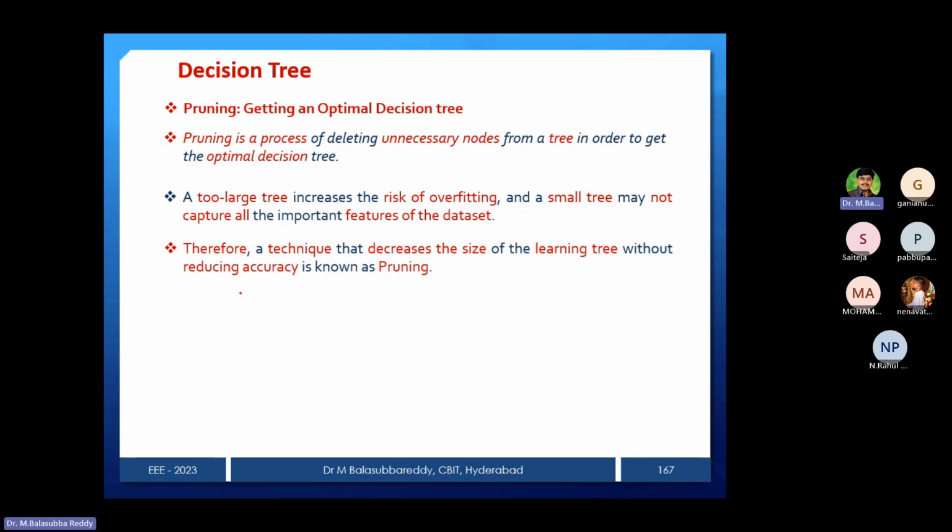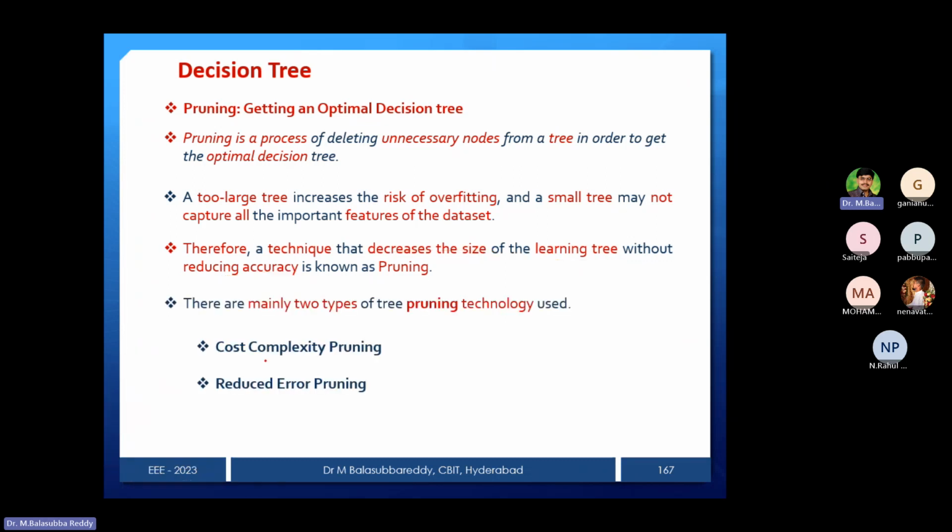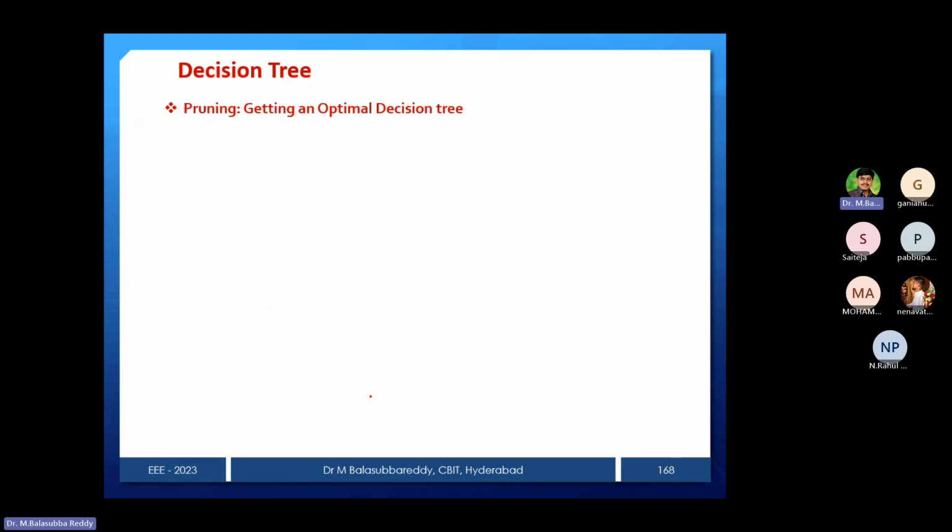So what pruning will do is decrease the size of the learning tree without reducing accuracy. This is the major point in this case. For that, there are pruning techniques: cost complexity pruning and reduced error pruning. These are the two techniques.